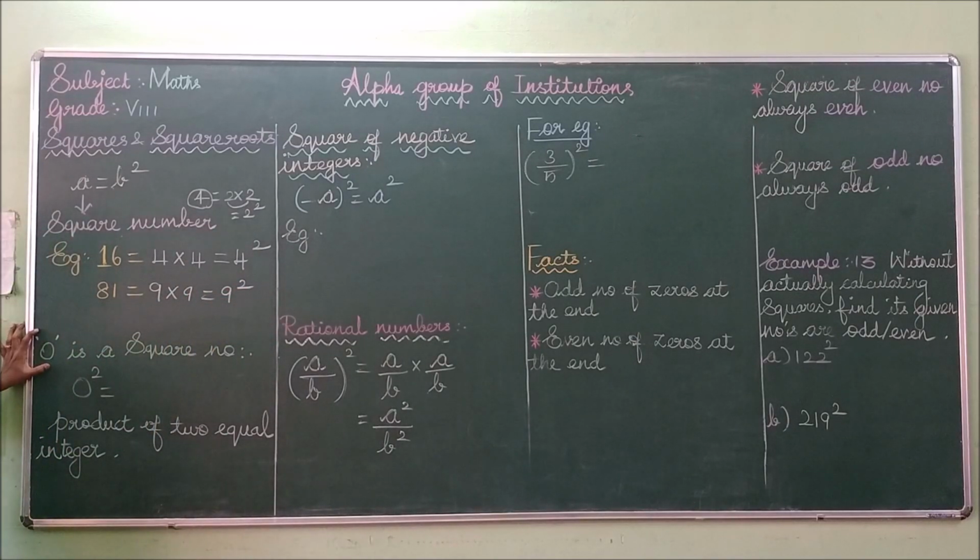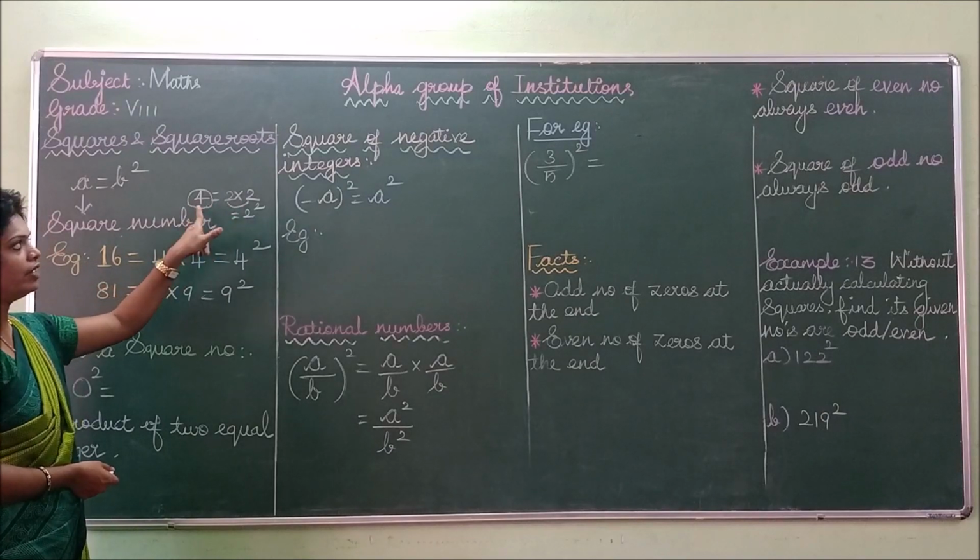Now check whether 0 is a square number or not. If yes, you can write that it is a square number; if not, it is not a square number. So how to verify that condition? Listen, it must be a product of two equal integers. Here 2 is also an integer. If you multiply the product of two equal integers, if it is 2 you have to multiply again with the same term, 2 only.